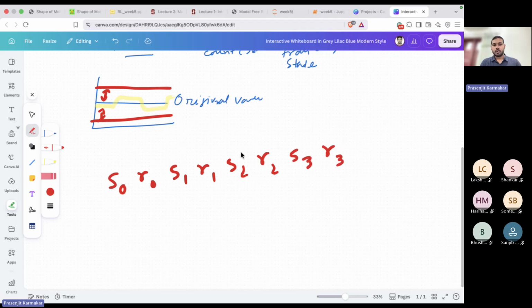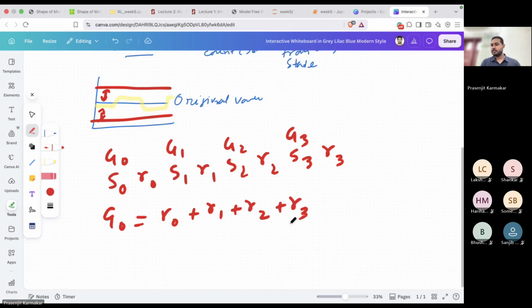I want to compute the returns G0, G1, G2, G3. G0 is R0 plus, let's ignore gamma for now, let's just sum it. Let's assume gamma equal to 1. R0 plus R1 plus R2 plus R3. Then let's say we transition to ST next. This is the terminal state.